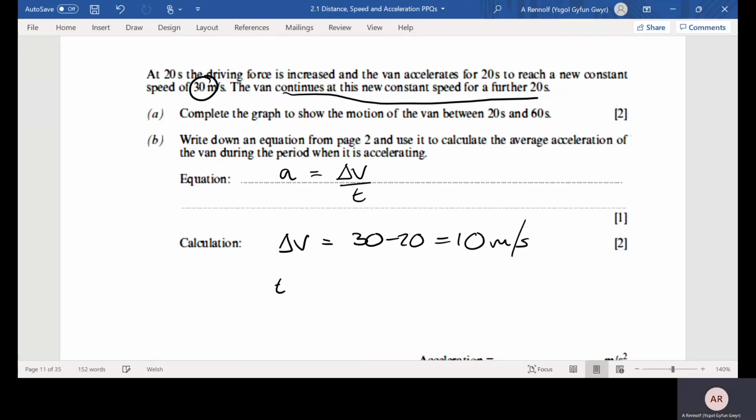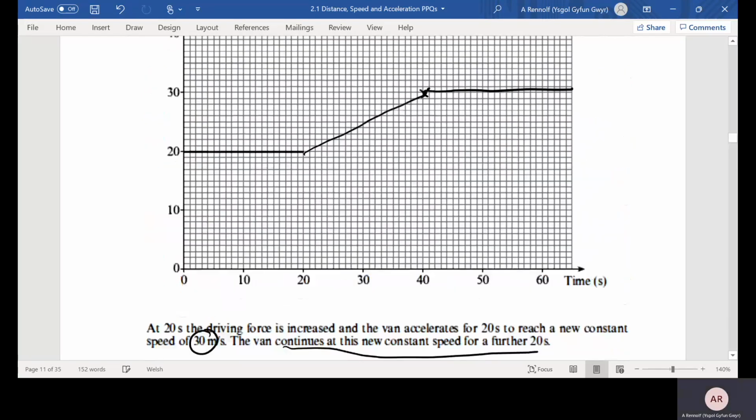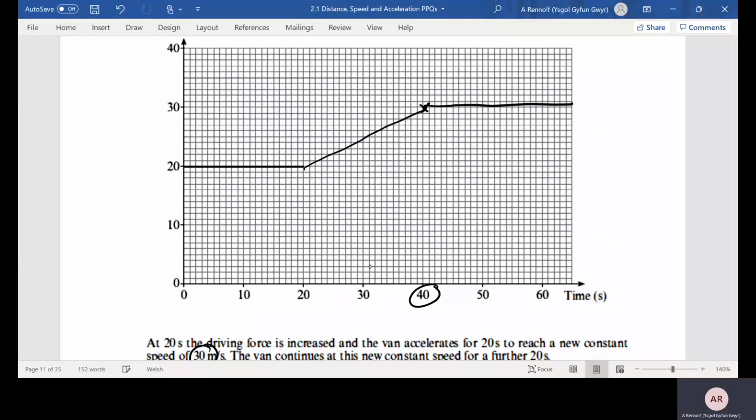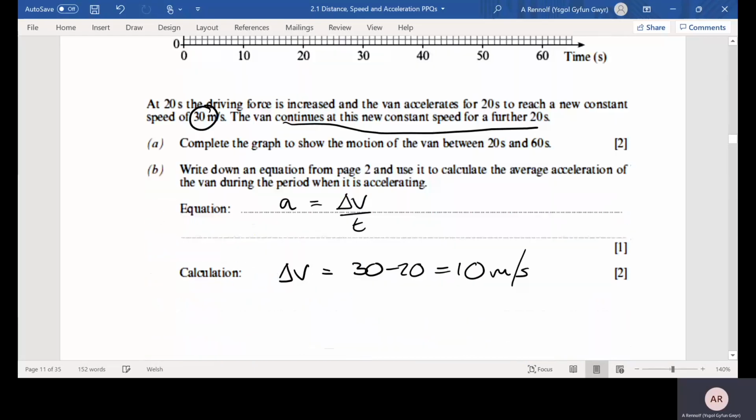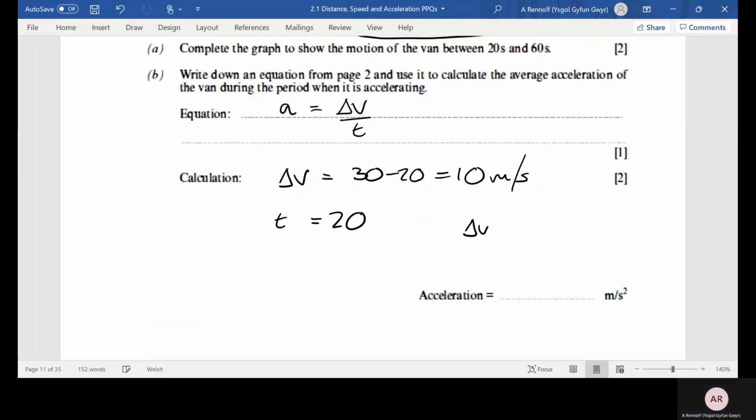The time period is 20 seconds. Again, going back to the graph, we've gone from 20 to 40, so 20 seconds there. And so delta V over T, 10 over 20 is 0.5. We've been given the units there.